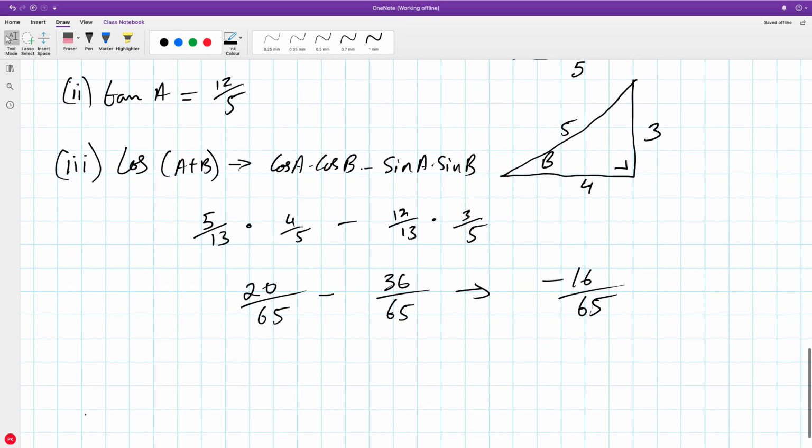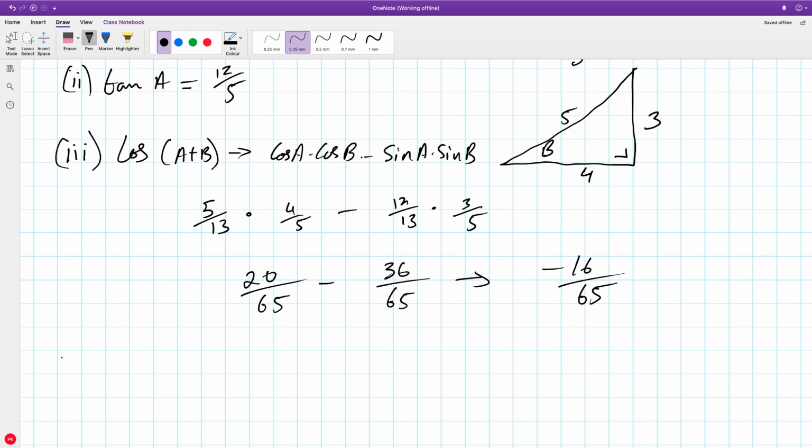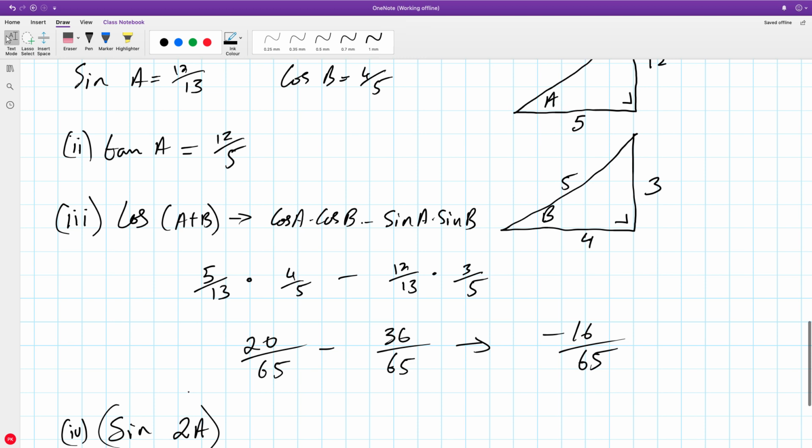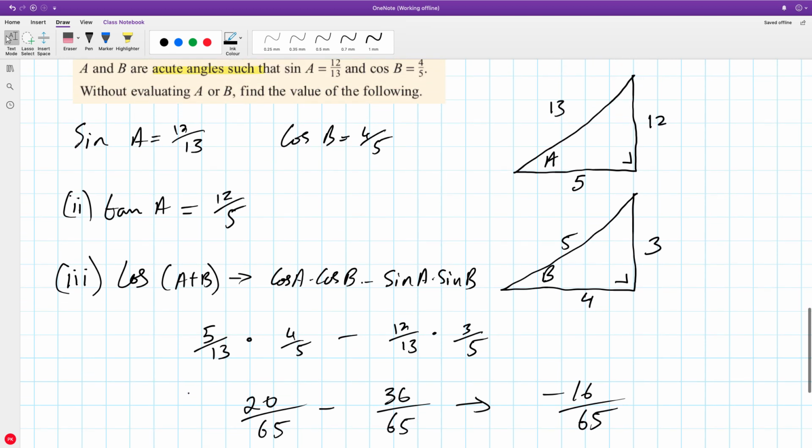Right, another one of those. Have a go at this one. The sine of 2A. The question is sine of 2A. It's a double angle formula then. Same page, double angle formula.